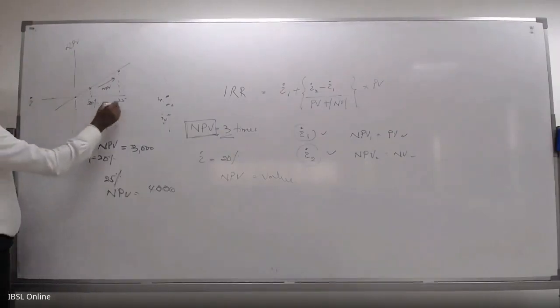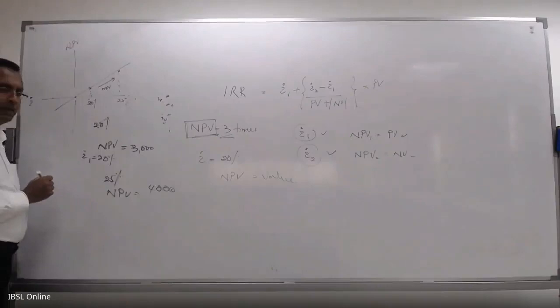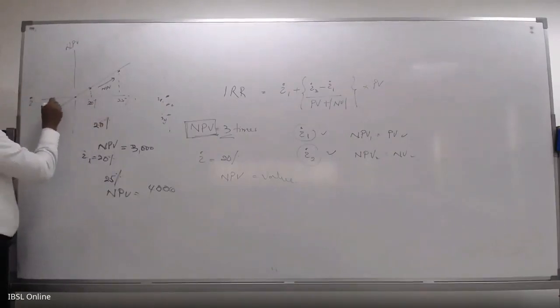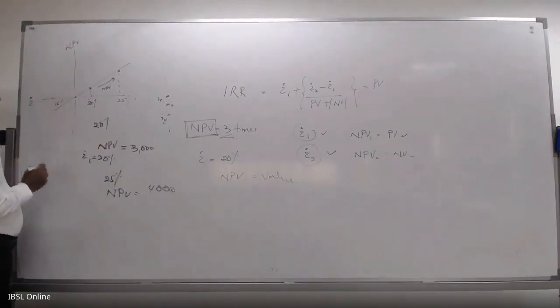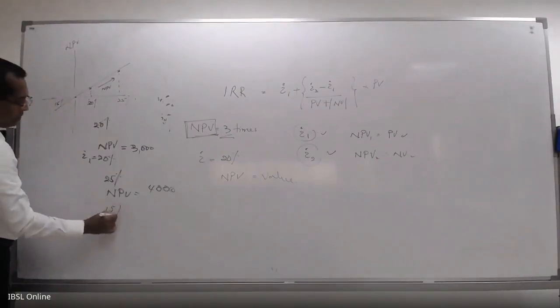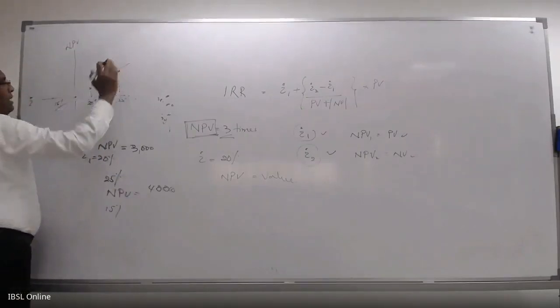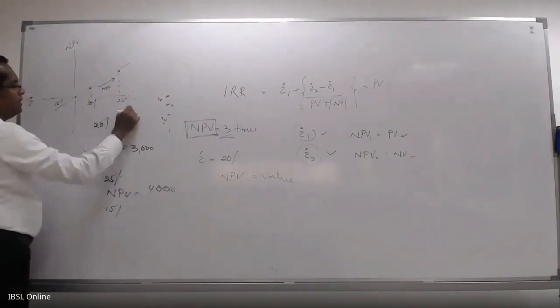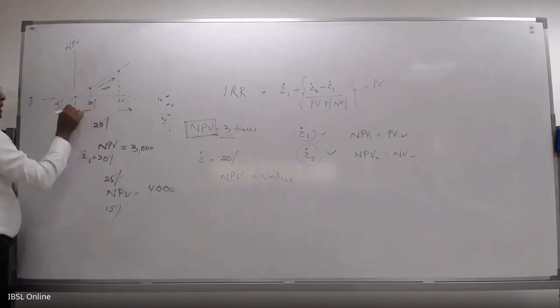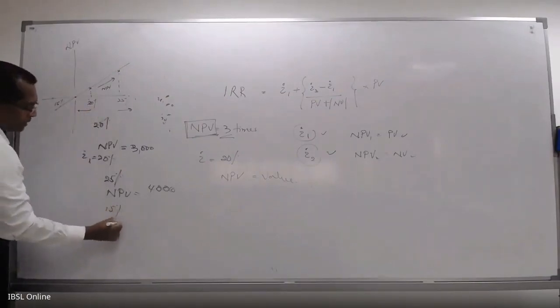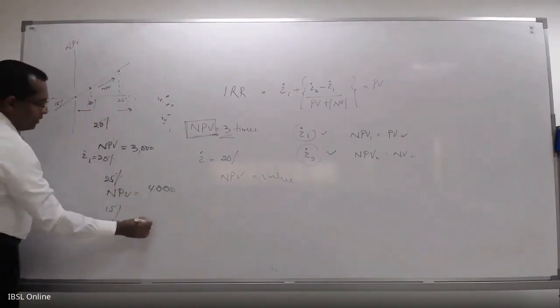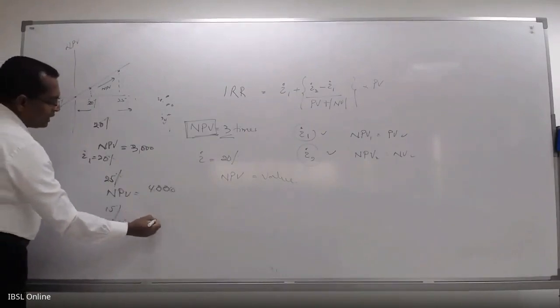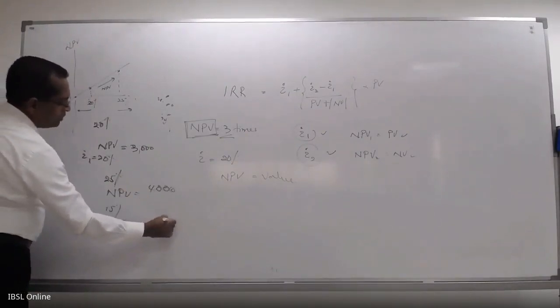So instead of 25, you apply 15. This is going on this side, so we are going the wrong side. So you have to bring down the interest rate to 15 and find the NPV.